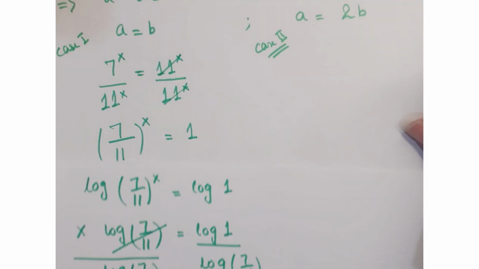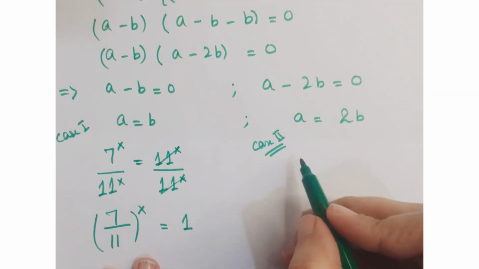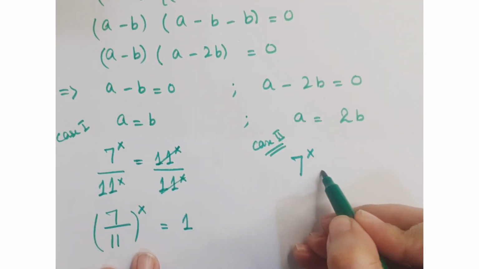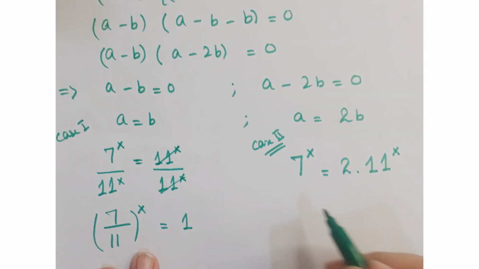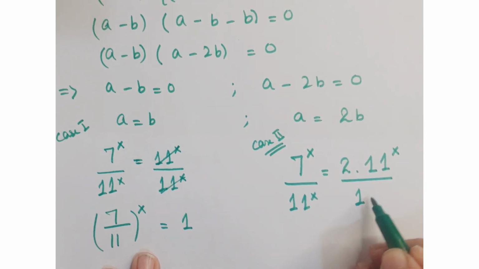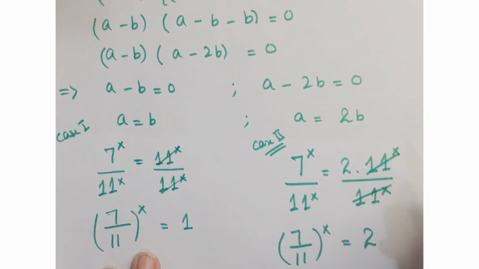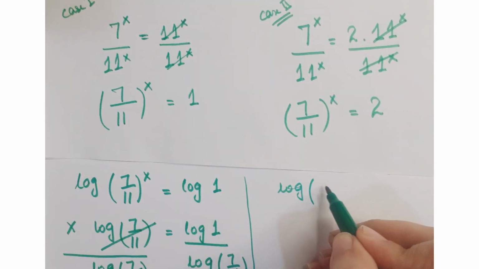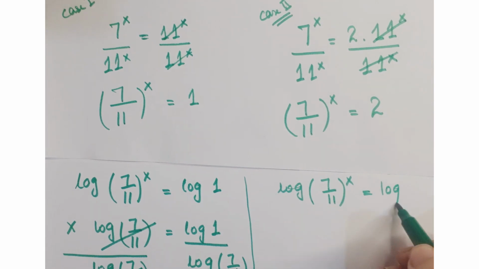Now let's come to case number 2. According to case 2, we have a = 2b. So we can write 7^x = 2 into 11^x. Similarly, here we'll divide by 11^x on both sides. Here you can write (7/11)^x = 2, and this term gets cancelled. In order to evaluate x, just take log on both sides.